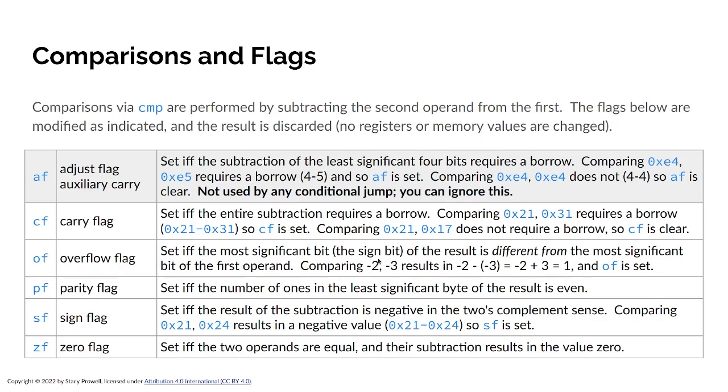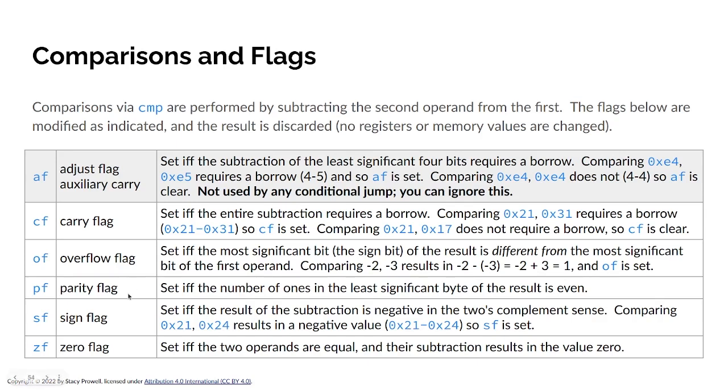First argument is -2, second is -3. I do that by subtracting. So that's -2 minus -3, which is the same as -2 plus 3, which is 1. That's positive. The original first argument was negative, so the sign bit flipped, and the overflow flag is set.